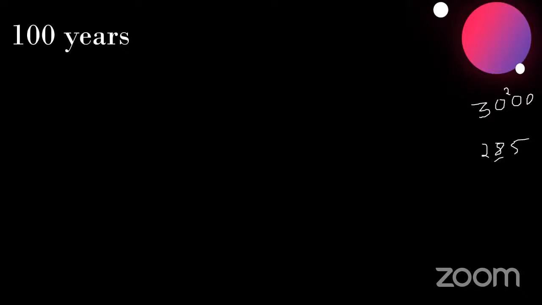Okay, century years. 3000, 3100. It's not a leap year, ma'am. 3100 is a leap year, ma'am. 2300, not a leap year. 3100, no, ma'am.